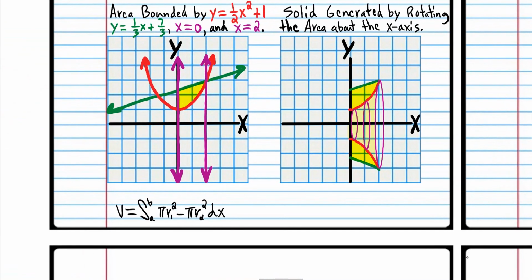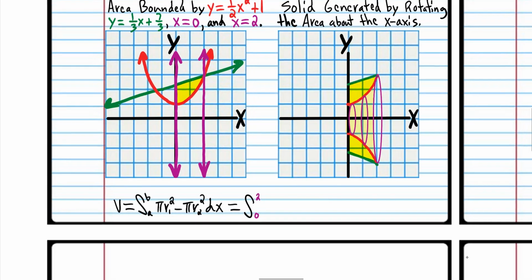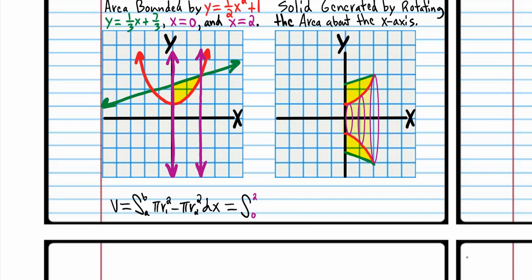And so if we look at those equations, we're going to plug in the purple numbers 0 to 2, and you see the green graph is above the red graph, so that's where we're going to start. Pi times r squared.